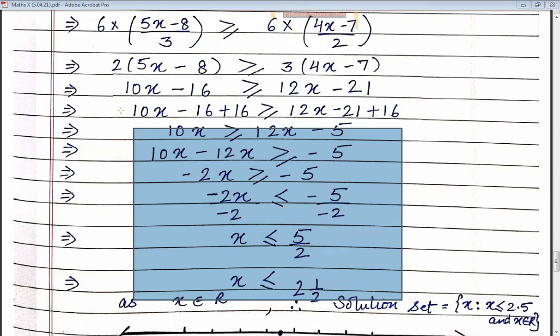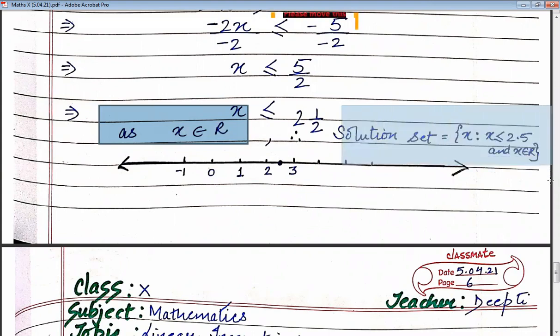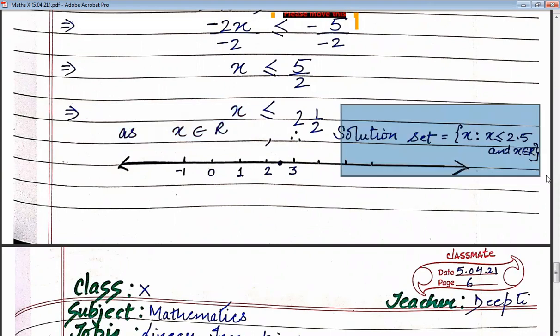Okay, children. Now let's draw this on a number line. You know that your replacement set here is x belongs to real numbers. So you have to write all those values which are less than or equal to 2.5.